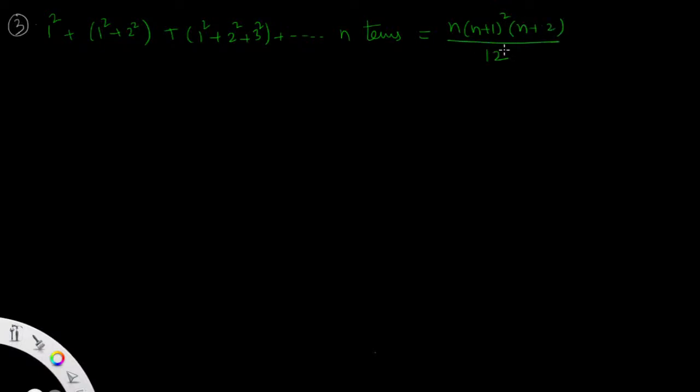1 squared plus (1 squared plus 2 squared) plus (1 squared plus 2 squared plus 3 squared), going on in brackets n terms, is equal to n into (n plus 1) whole square into (n plus 2) divided by 12.